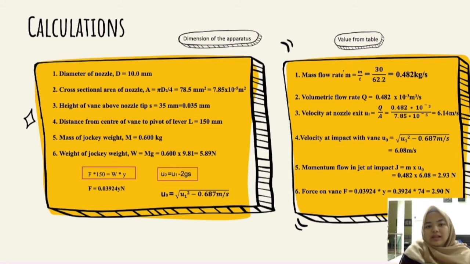Then we will calculate the velocity u1 of the jet as it leaves the nozzle using the formula Q over A, and then the velocity at impact u0 using the formula, and then the momentum flow in the jet using the mass times the velocity u0, and lastly the force on the vane F, for which we use 0.03924 times the distance y. Take note that the velocity u0 at which the jet strikes the vane is slightly less than u1 because of the deceleration due to gravity.